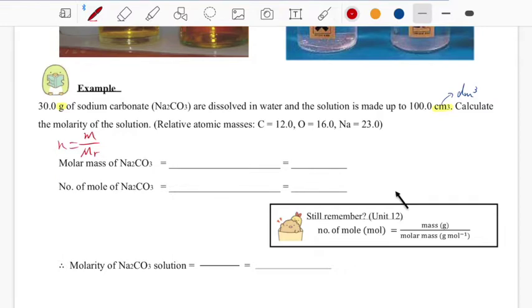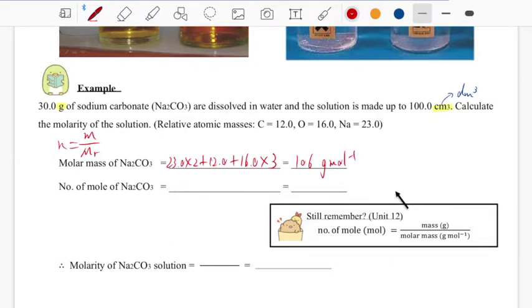To calculate the molar mass of sodium carbonate, we just need to add the relative atomic mass for each atom. So it will be 23 times 2 plus 12 plus 16 times 3. In total it will be 106 gram per mole.